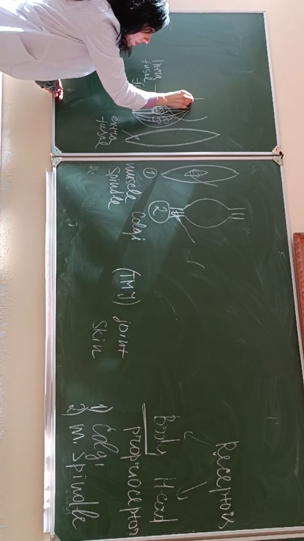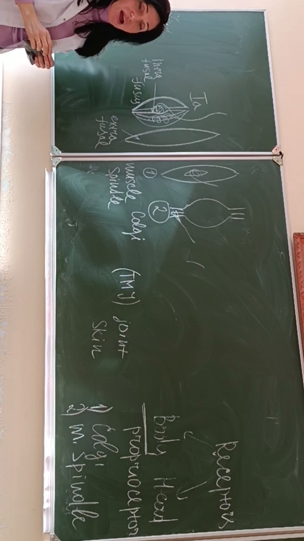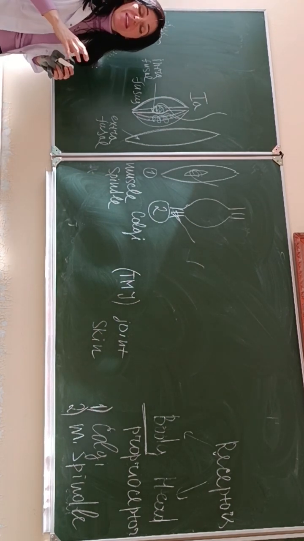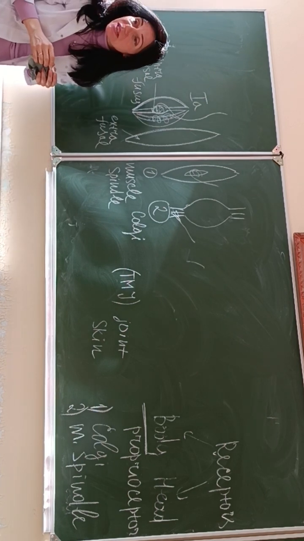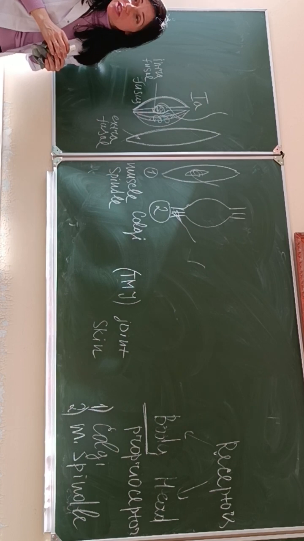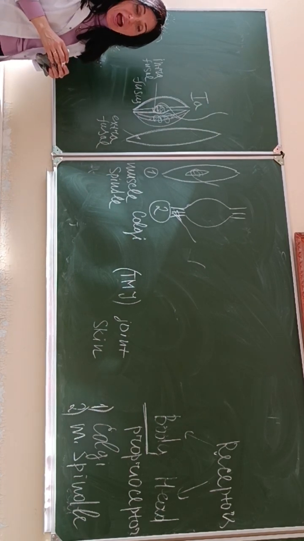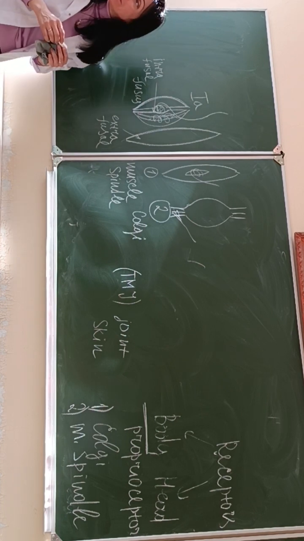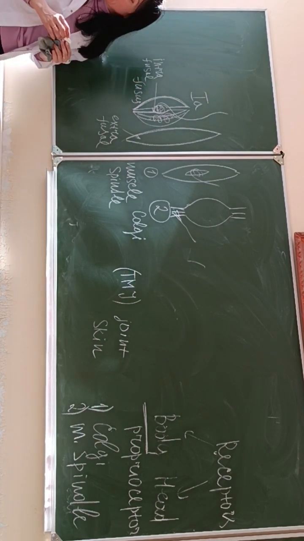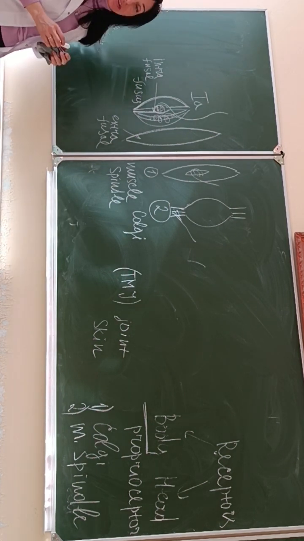Primary A, afferent ending, located at the center of the intrafusal muscle fiber. They are more sensitive, more excitable, and rapidly adaptive. Not alpha, primary A afferent.